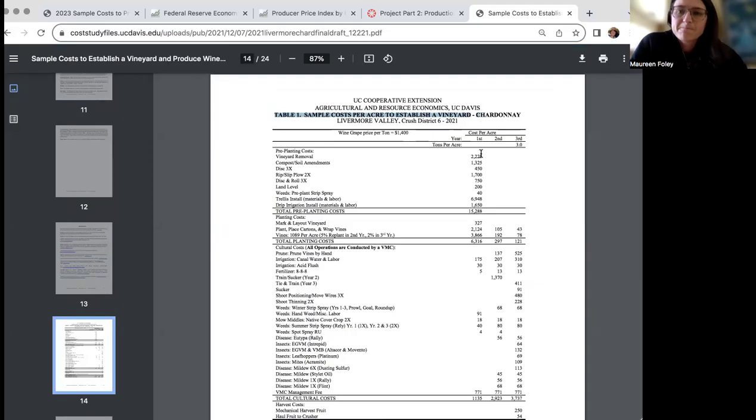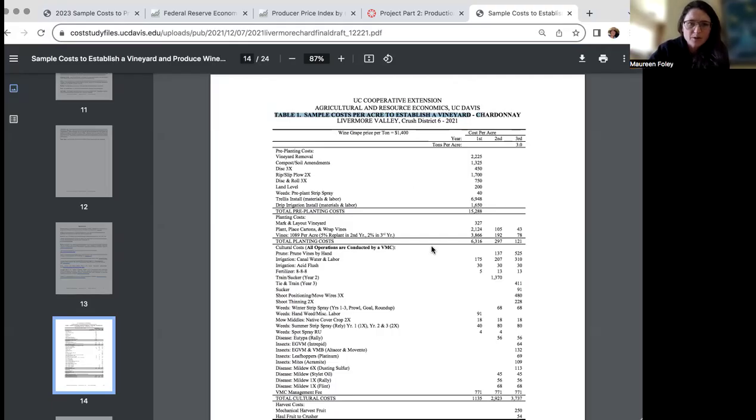So most of the perennial crops, the establishment tables have the first 3 years. So we have cost per acre for year 1, year 2, and year 3. So these 3 years are your establishment period. So I'm interested in both your operating costs, like we looked at earlier, and your establishment costs.